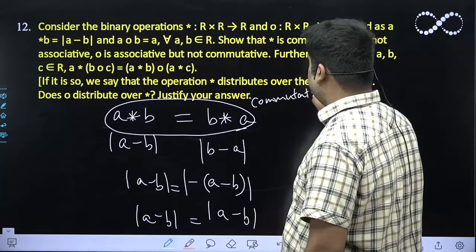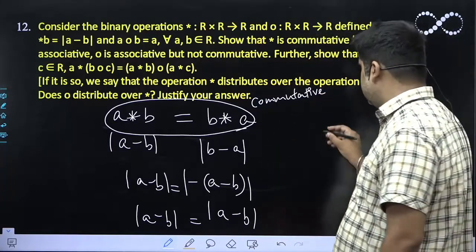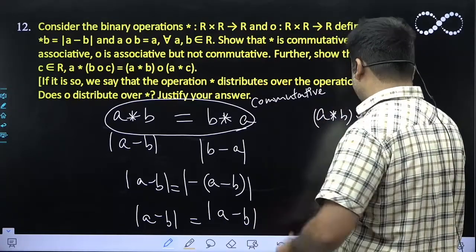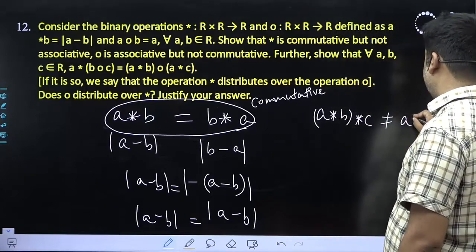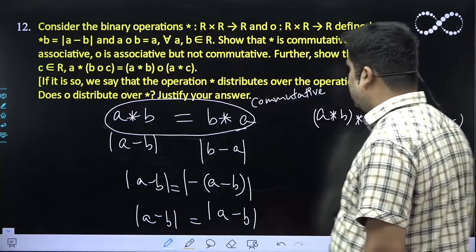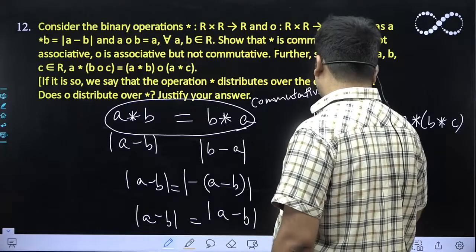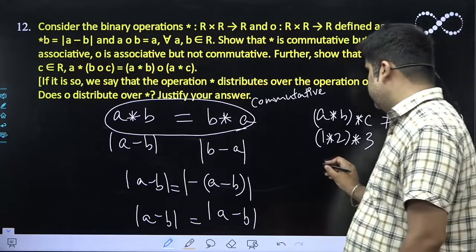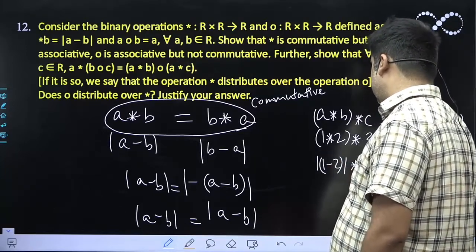Now let's check for the associative property. Let's first check whether A star B star C is not equal to A star B star C, grouped the other way. I'll take a few examples. 1 star 2 star 3. What is 1 star 2? This is mod of 1 minus 2, star 3.